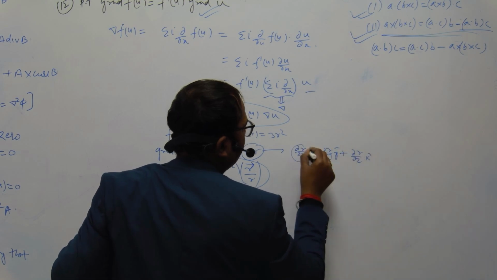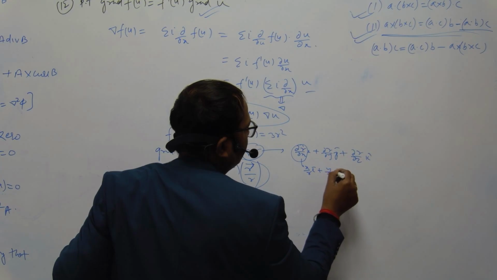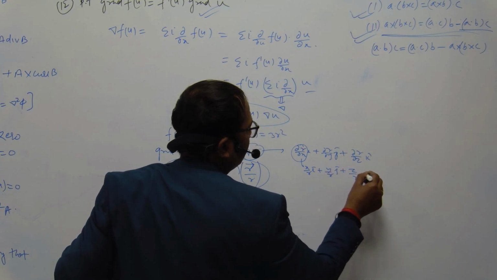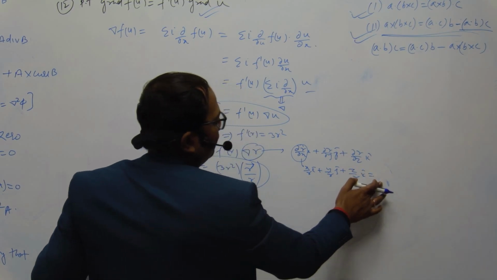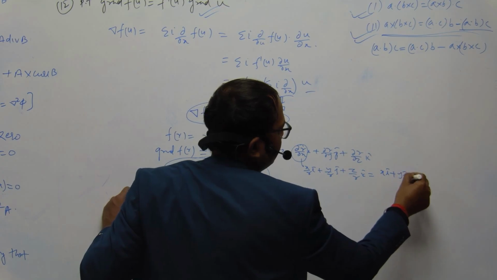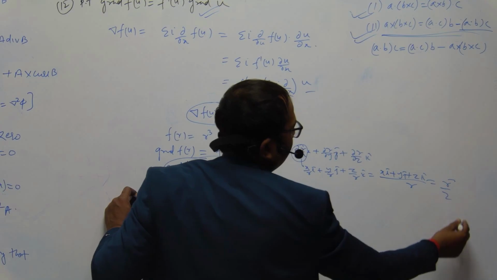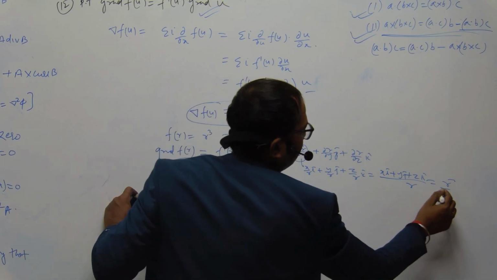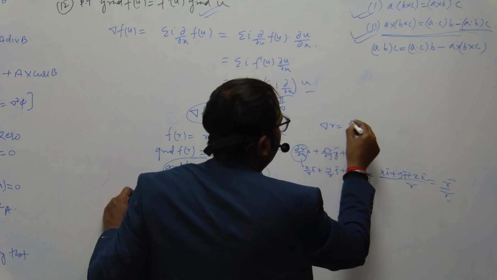This is nothing but x upon r i cap plus y upon r j cap plus z upon r k cap. Let us write one step further. This is x i cap plus y j cap plus z k cap upon r, which is r vector upon r. So del of r is equal to r vector upon r.